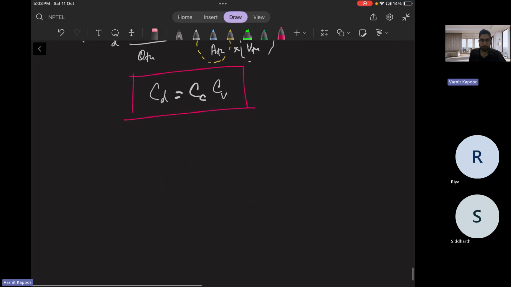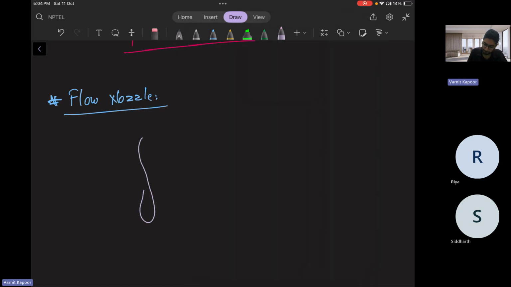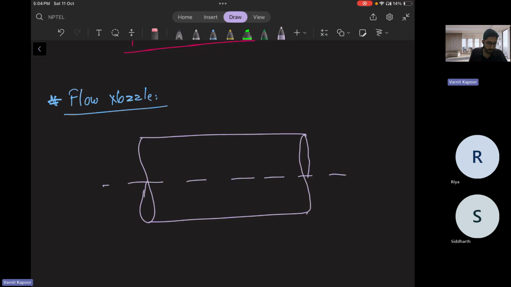Okay. Next device was the flow nozzle. So I'll just briefly and quickly cover this. Flow nozzle. It's also a scenario where we have a pipe, and inside this pipe we have a section like this, a gradually decreasing area.